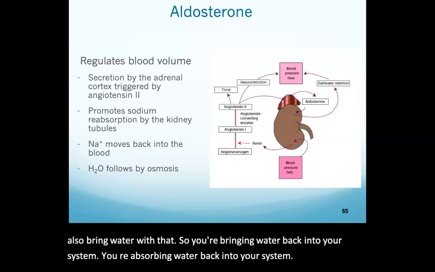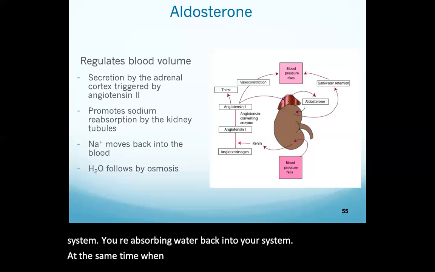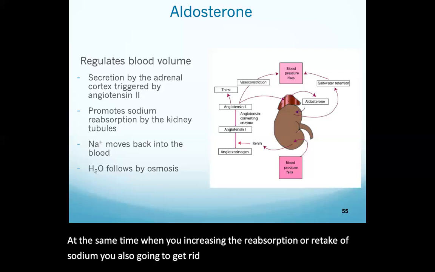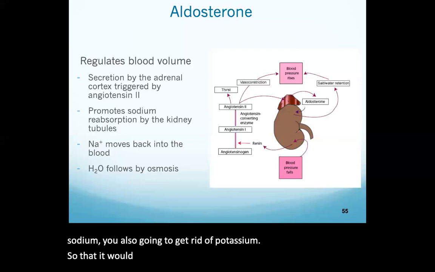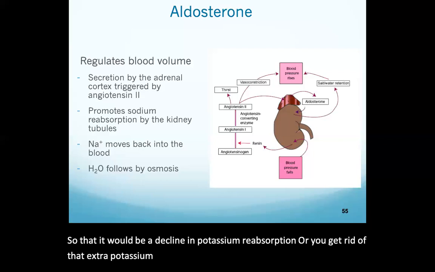At the same time, when you're increasing the reabsorption of sodium, you're also going to get rid of potassium. So there would be a decline in potassium reabsorption, or you get rid of that extra potassium. And meanwhile, you are reabsorbing sodium back into your system.